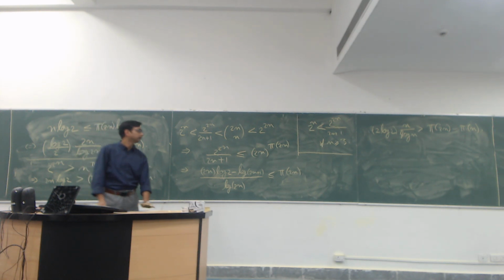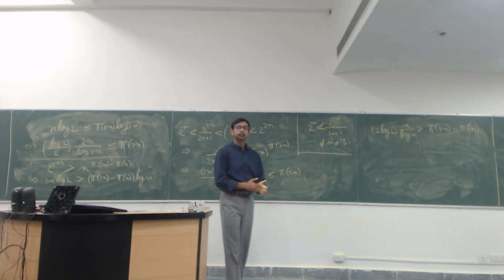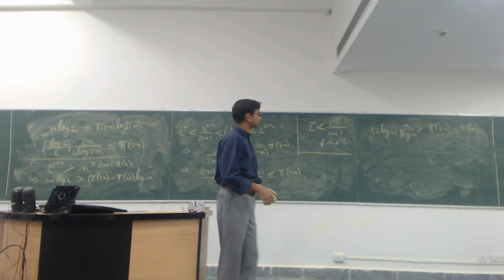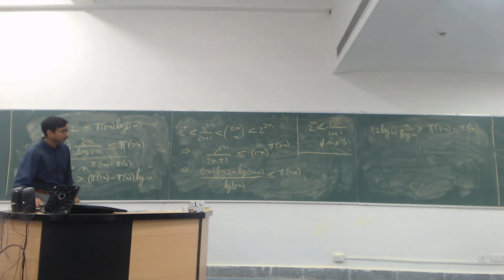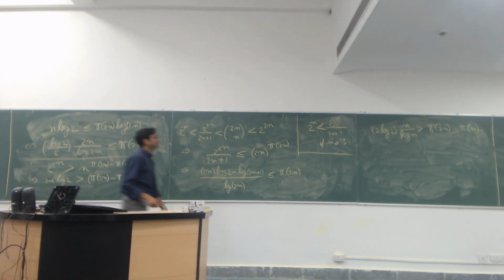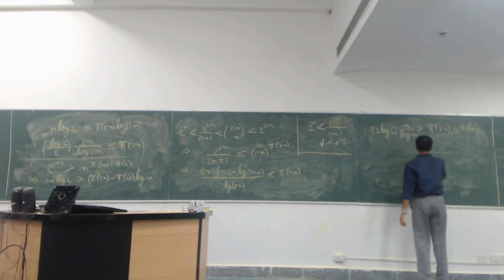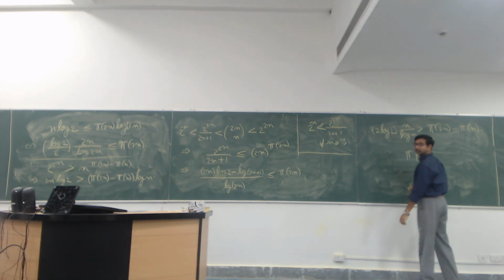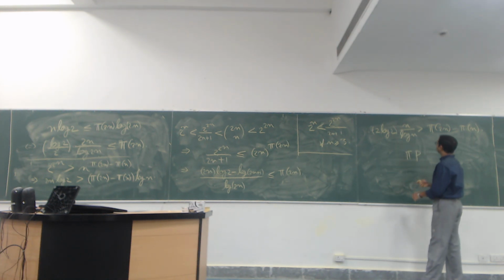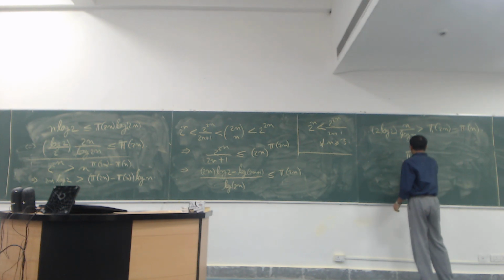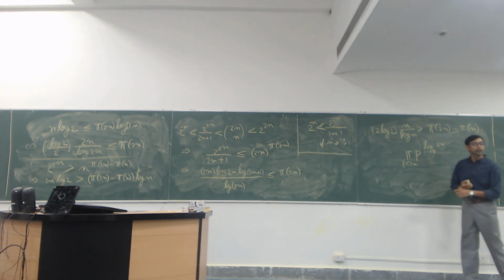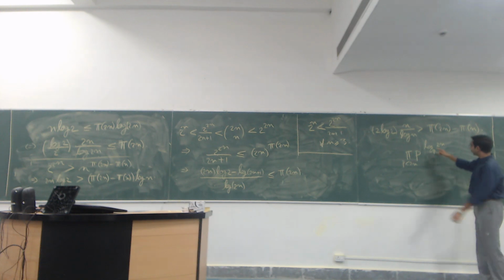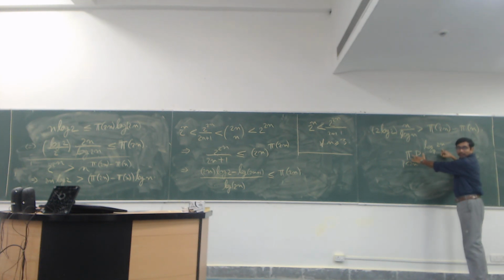So the last inequality: the product over p less than 2n of p to the log 2n over log p is less than 2n to the, okay, so each of the factors is at most 2n because it's p to the log 2n over log p.